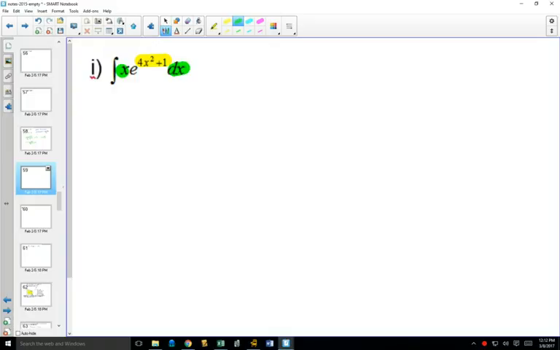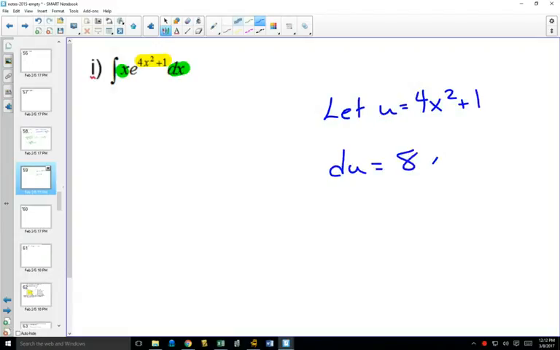So we start this one off the same way. We say, let u equal that inside function, 4x squared plus 1. Then our derivative will be 8x, and I'll move that dx over to the other side already. But what I want to substitute out is just the x and the dx. I don't have the 8.